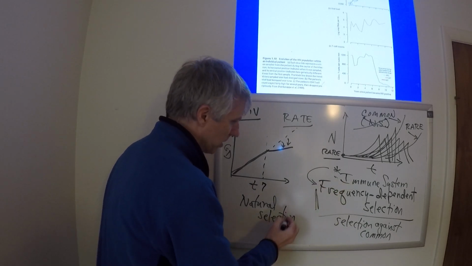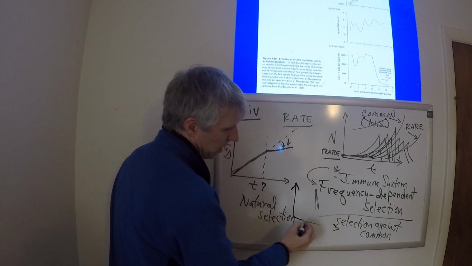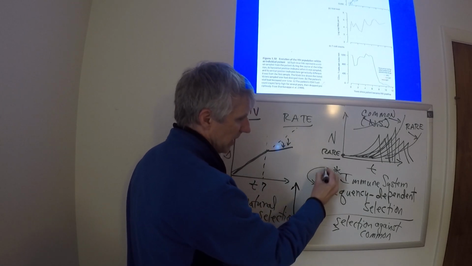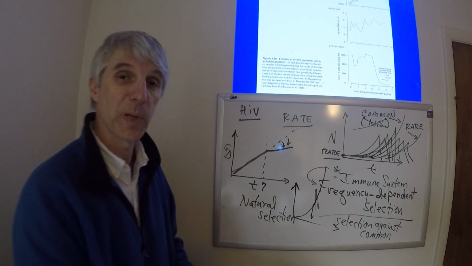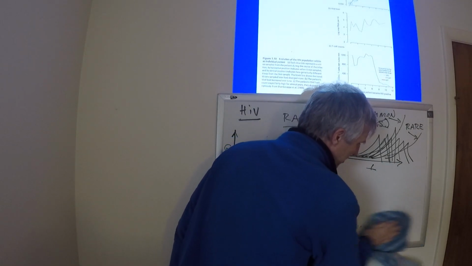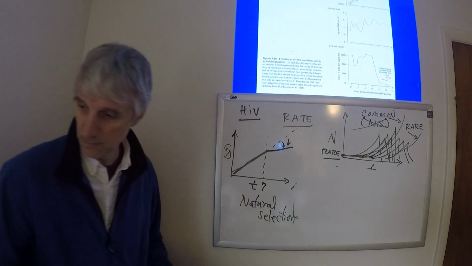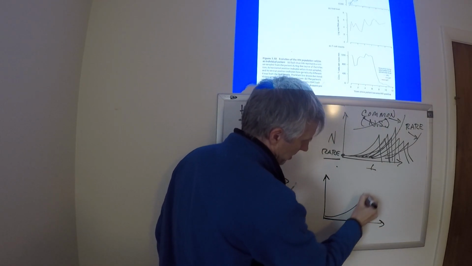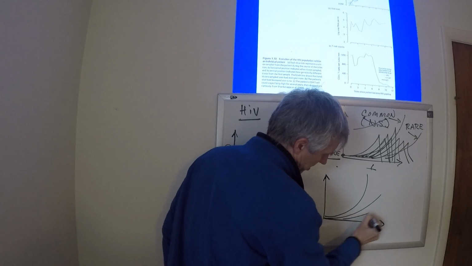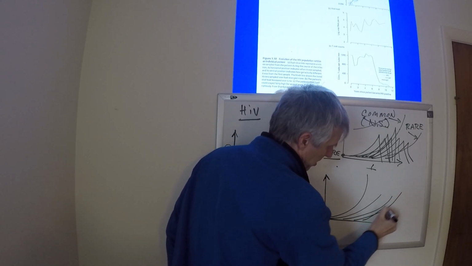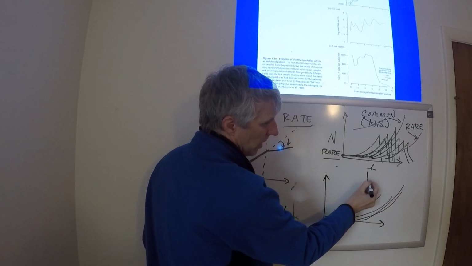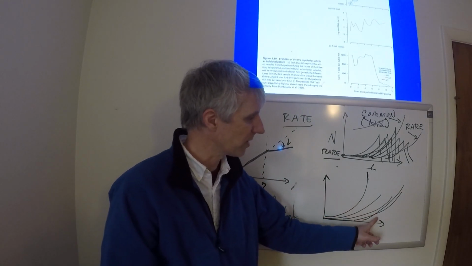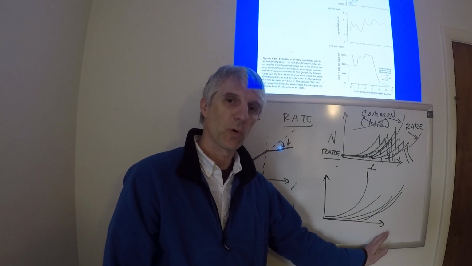So now, instead of this one being knocked down, it's growing faster than the other viruses. This one is going to be a greater and greater percentage of the population relative to the others as more and more time passes.